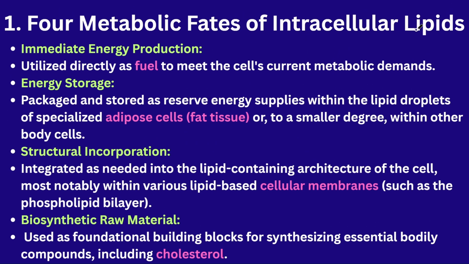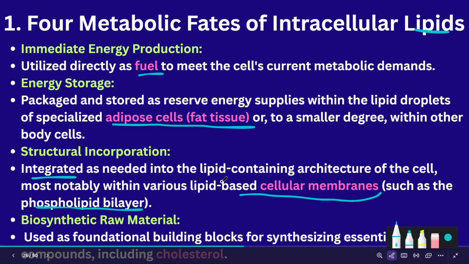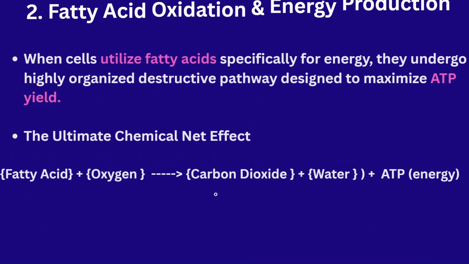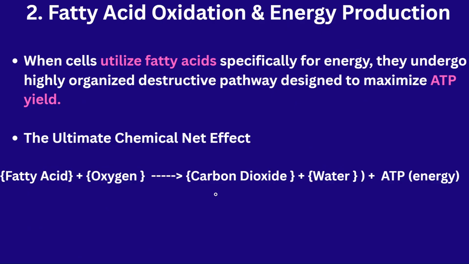So you have to see that when the lipids are broken down, they are used as fuels in the body, or whenever the lipids are more in the body, they are stored in the adipose tissues, or they will form the cellular membranes, the phospholipid membrane, which is helpful for protection and integrity of the cells in our body. See, you have to understand that cholesterol is made up of lipids only. The liver is producing the cholesterol by using up the lipids.